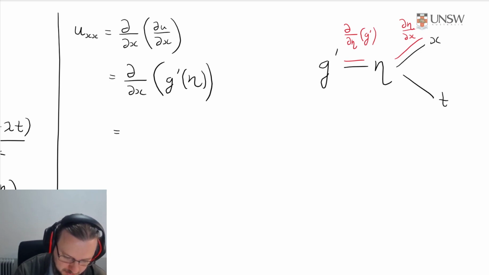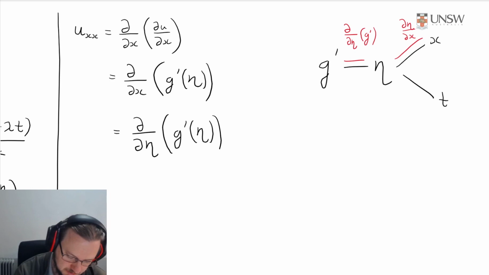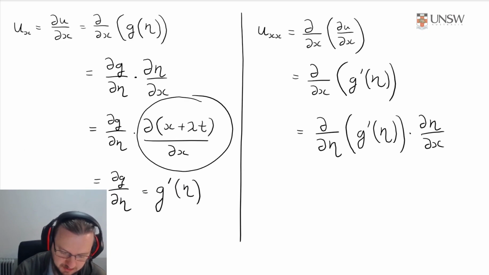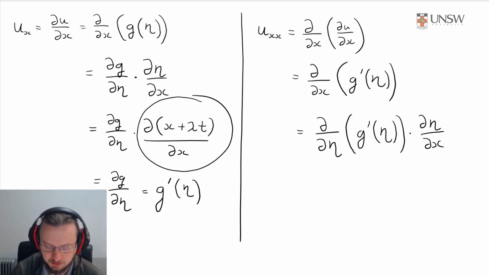So this is going to be, by the chain rule, the partial derivative of g with respect to eta times the partial derivative of eta with respect to x. And we already worked out the partial derivative of eta with respect to x. It was this combination here, which is really just a 1.